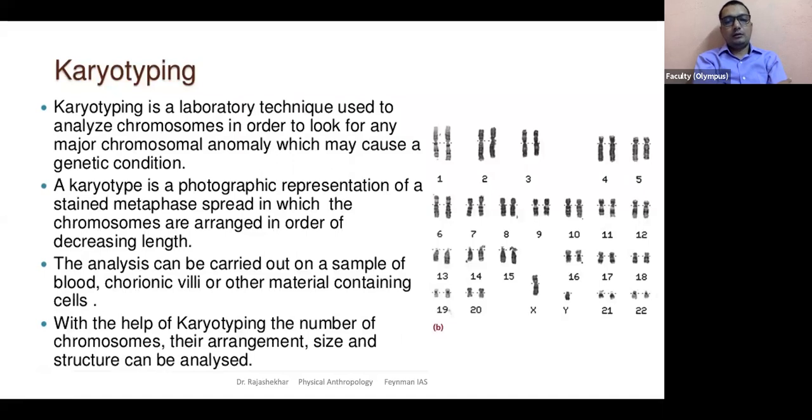This is how a karyogram is obtained through the karyotyping method. And we can analyze their size, their structures, their number. These are all the things we can analyze. I'm going to talk to you about the applications of karyotyping next.